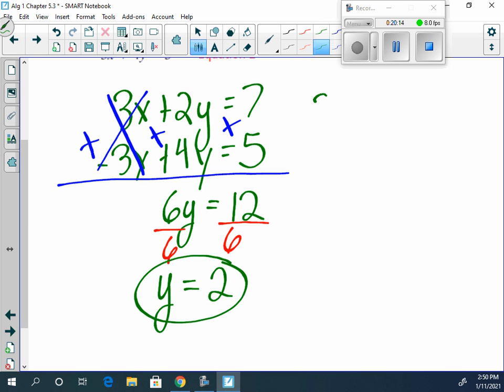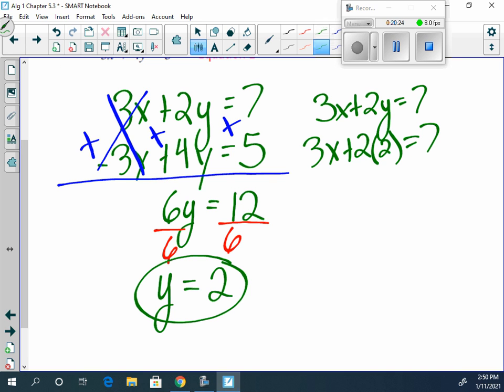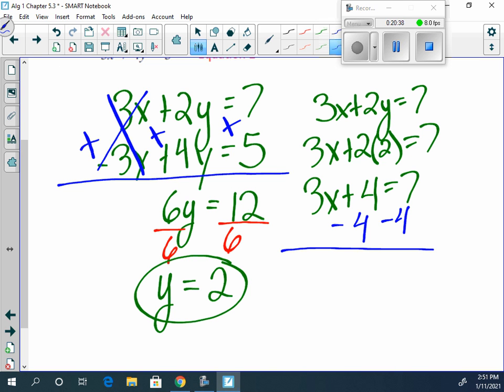So let's plug it in and see. So 3x plus 2y equals 7. If I plug 2 in for y, you're good. Well, 2 times 2 would give us 4. So minus 4 from both sides, which tells us that 3x is equal to 3.